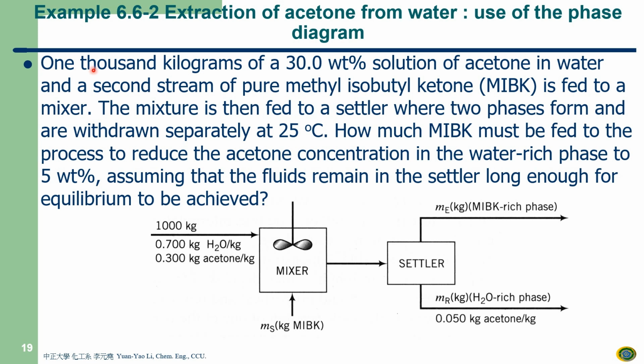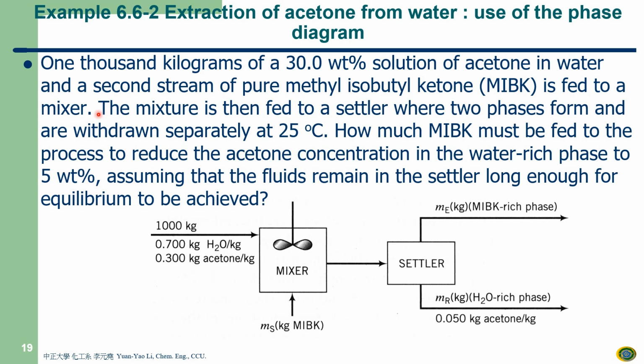And it's 1,000 kilograms in total. So you have 30% acetone, this is mass fraction, and 70% by weight is water. So you fill out all the information for the first sentence.